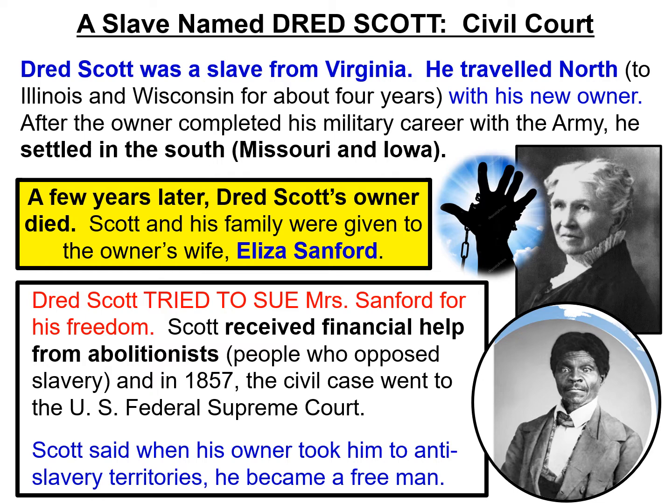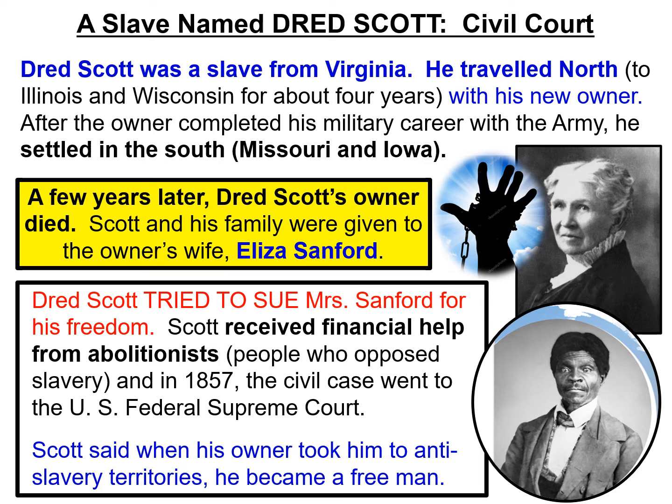Dred Scott is going to receive some financial help and support from the abolitionists because his court case will go from the state level all the way to the federal level, the U.S. Federal Supreme Court. Scott said that when his owner took him to the anti-slavery territories, like when he was up there in Iowa, he should have been a free man. He should have been set free because he was in the North.